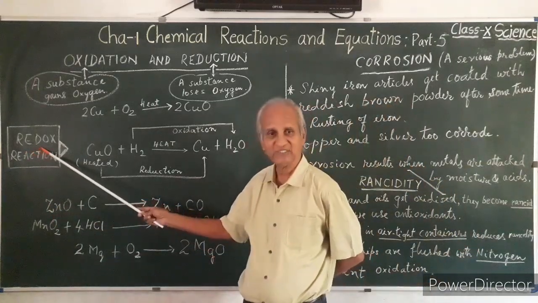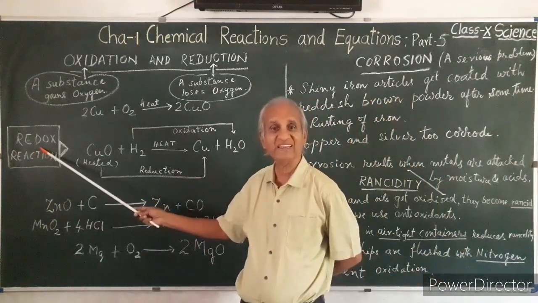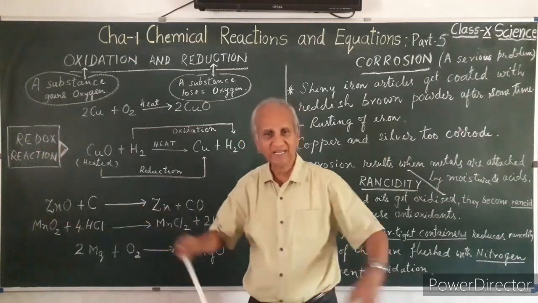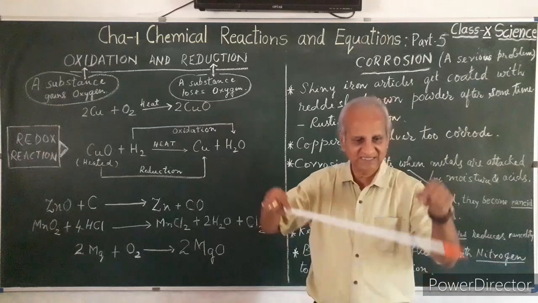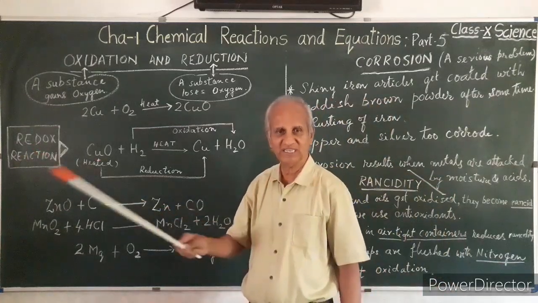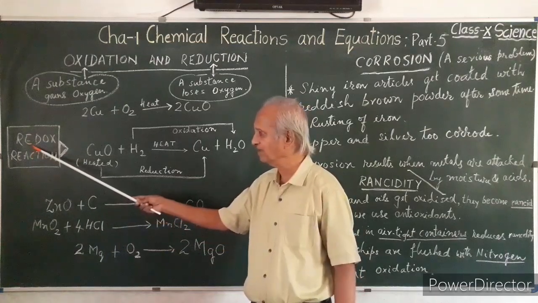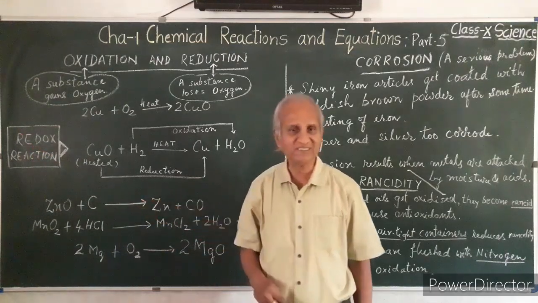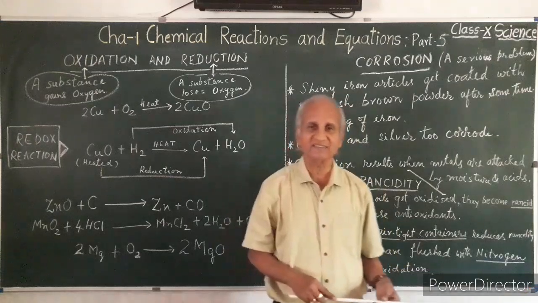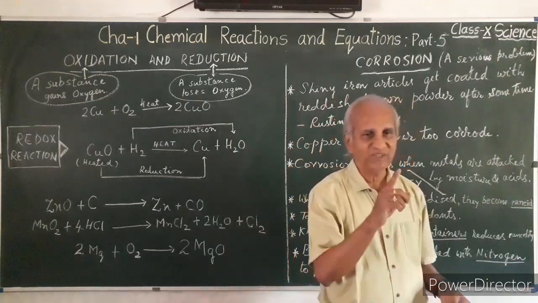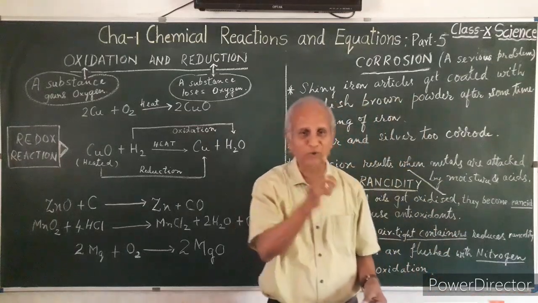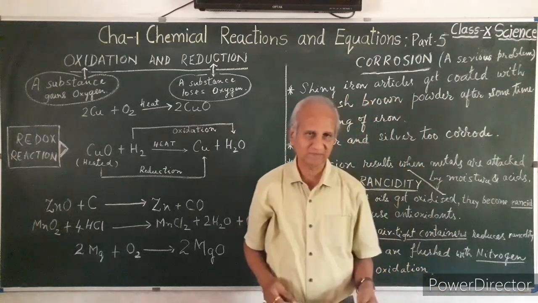RED stands for reduction. OX stands for oxidation. Reduction and oxidation in the same reaction. So you call it a reduction-oxidation reaction or call it redox. A redox reaction is that chemical reaction in which both reduction and oxidation take place.